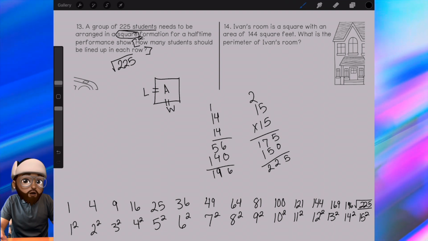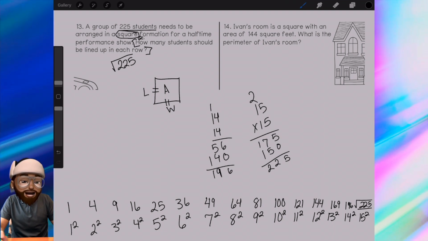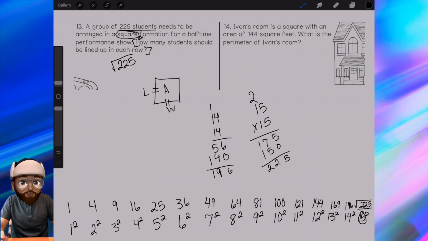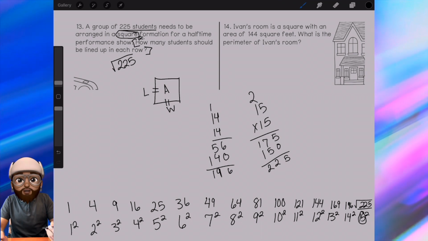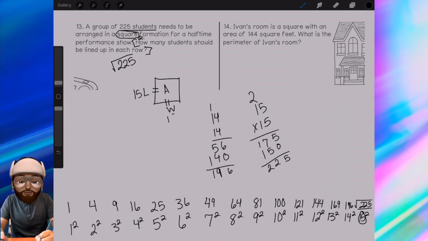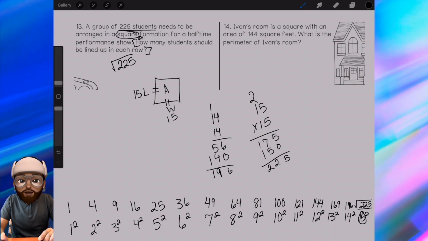What number do we need to multiply times itself to give us 225? And that number, as we have figured out, is 15. So 15 should be the length and 15 should be the width. How many students should be lined up in a row?